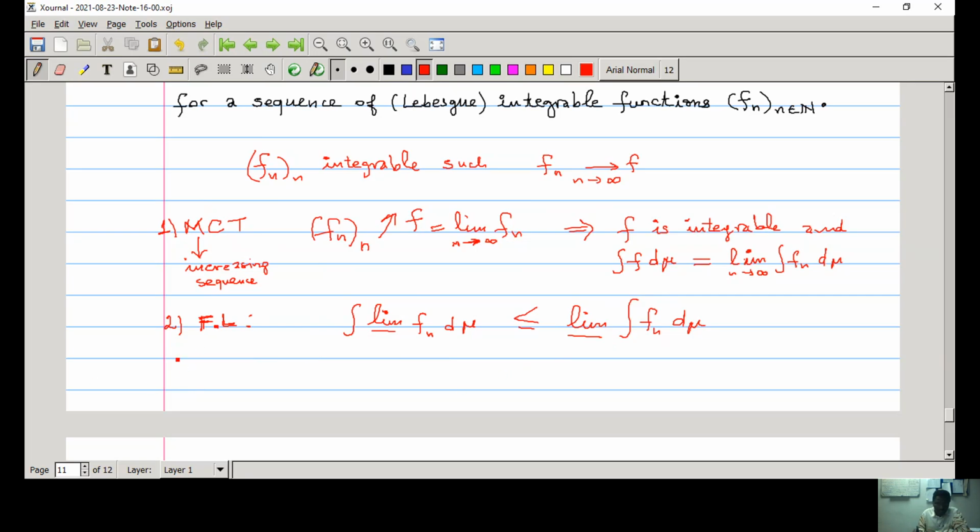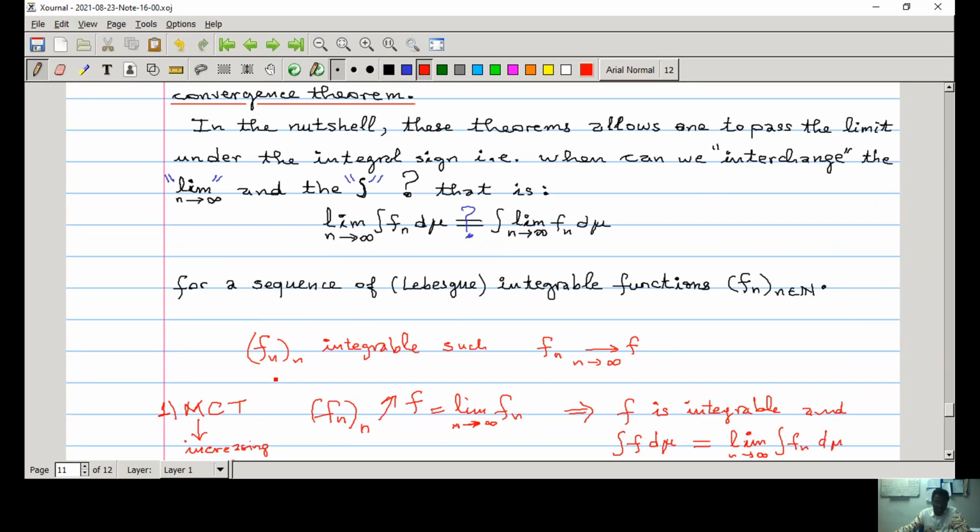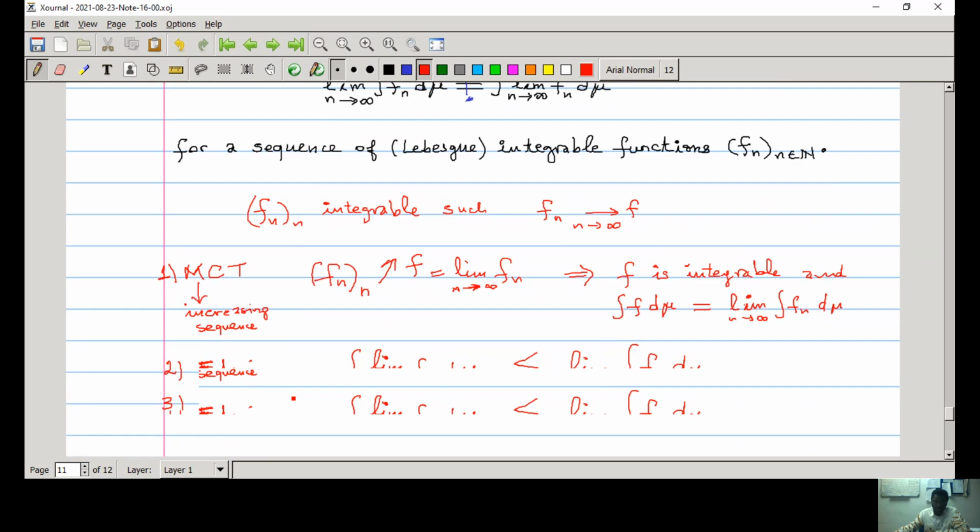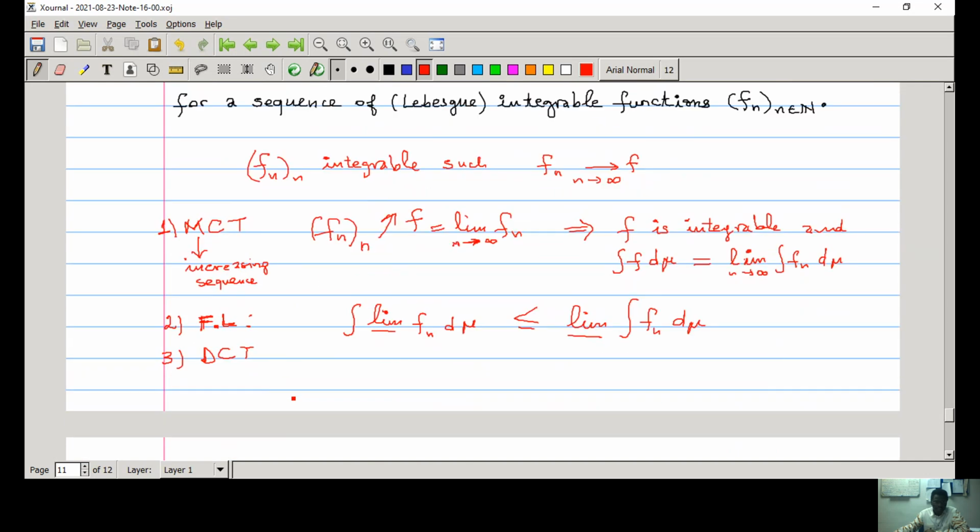Okay, so finally the last one is the dominated convergence theorem. That's the last result. What is dominated? It indicates an inequality somewhere.